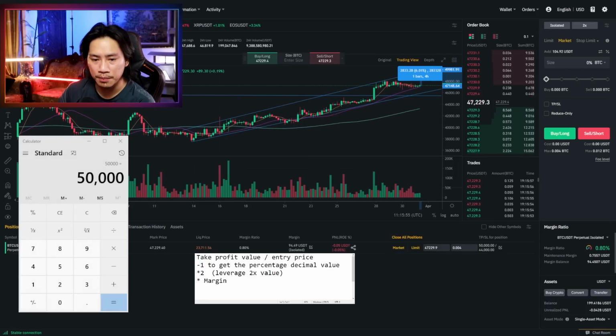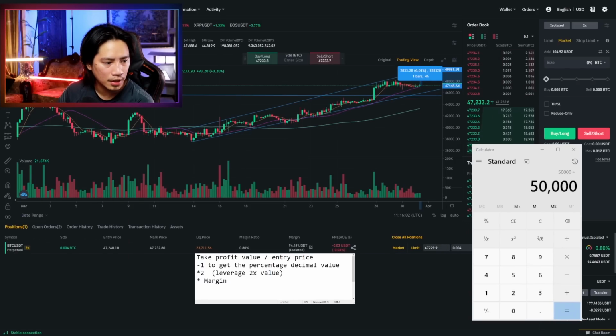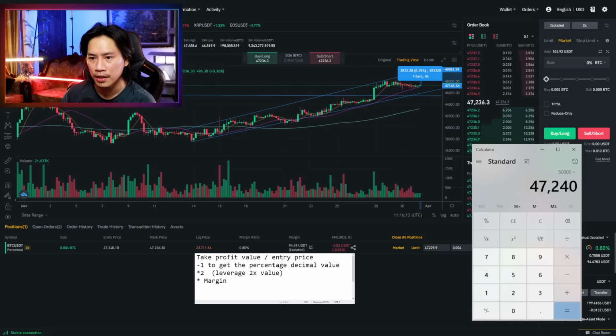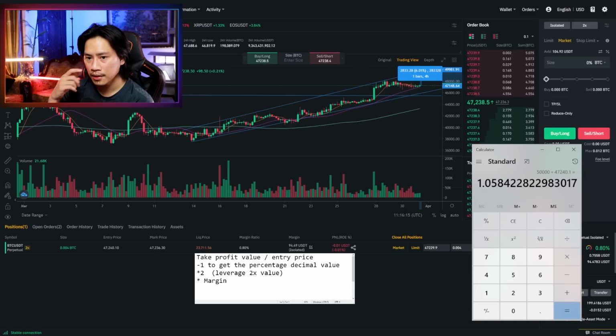Hold on, let me move this calculator here on the other side. So this is your entry price, 47,240. Go ahead and put that there, divided by 47,240.10. Okay, that will be your percentage in decimal. Now deduct 1 from that and then multiply that by 2.